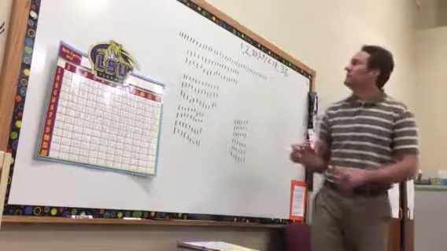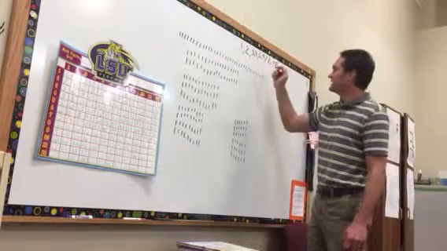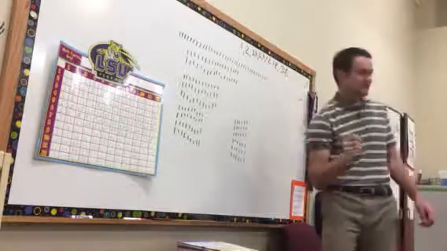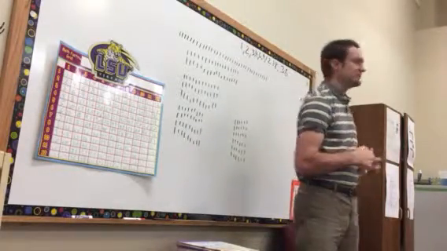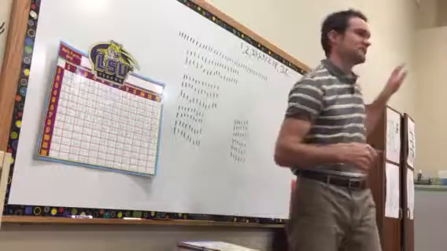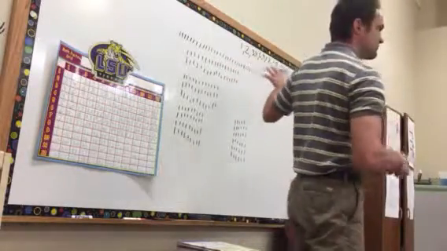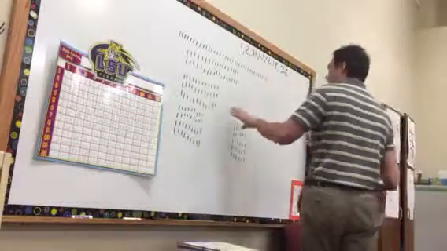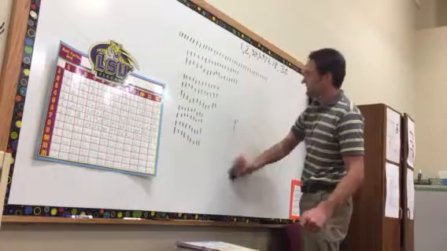Alright, so I have 1, 2, 3, 4, 6, 9, 12, 18, and 36. Now, you don't have to do it that way every time, okay? I'm just showing you how it works. These arrays show you that all of these numbers could be multiplied times each other to get 36.